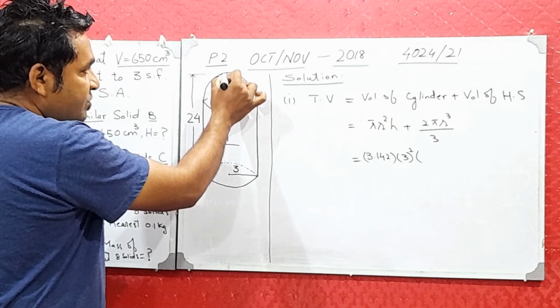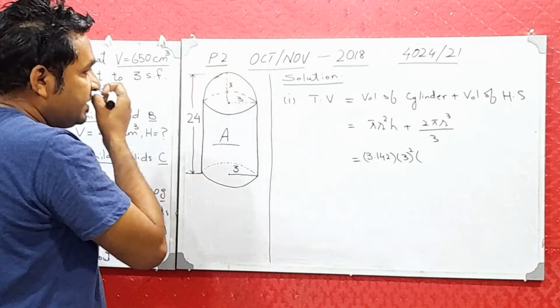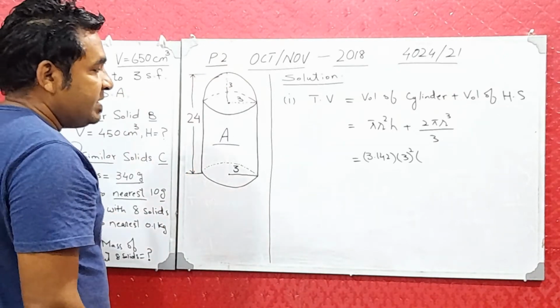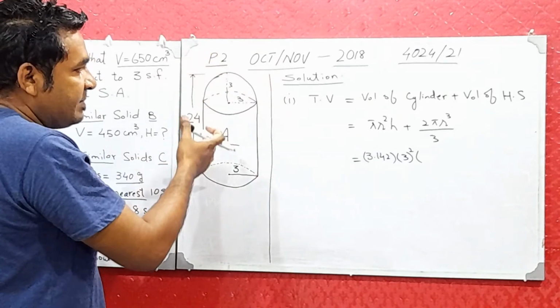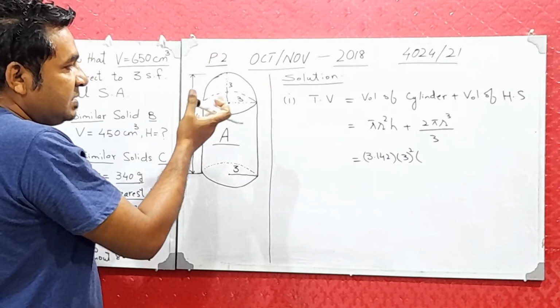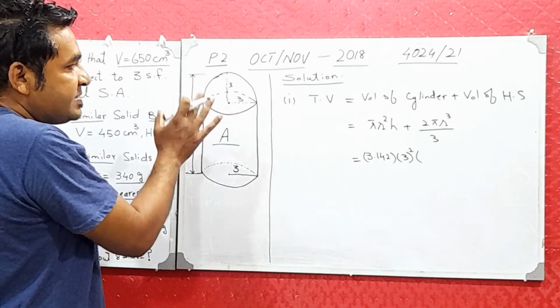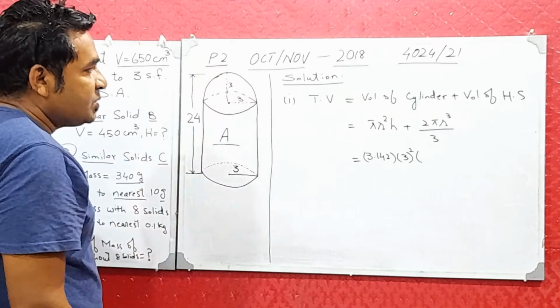So its height would also be equal to 3 centimeter, because the height of the hemisphere is equal to its radius. I told you in the beginning that the height of the whole sphere is equal to its diameter. So the height of the hemisphere is half of the sphere, and half of the diameter is the radius. So that's why the height of the hemisphere is equal to its radius.